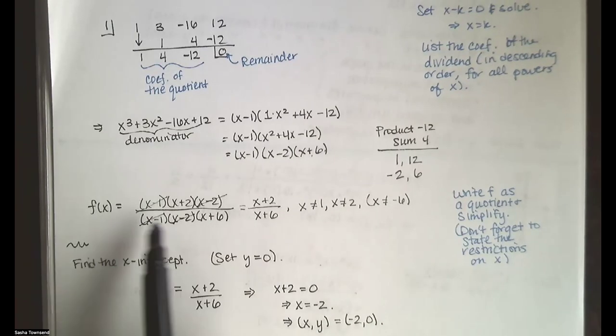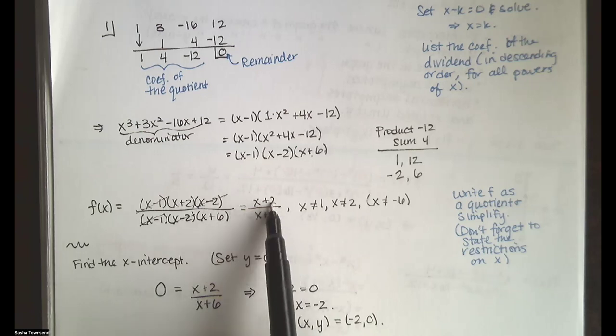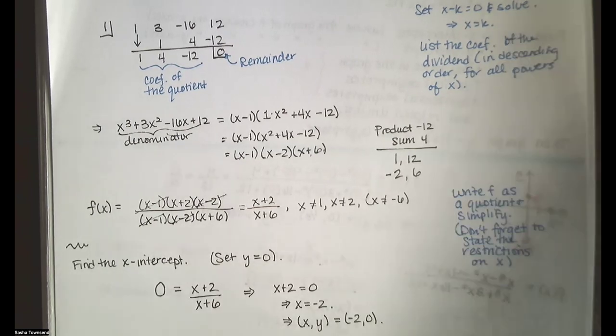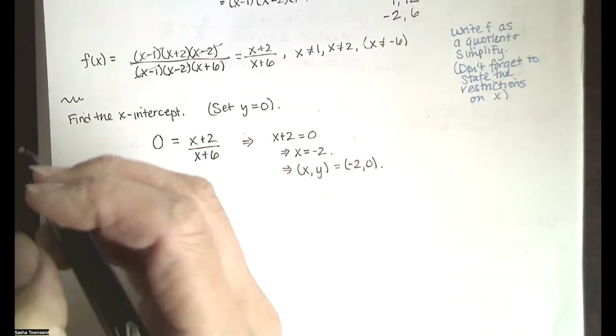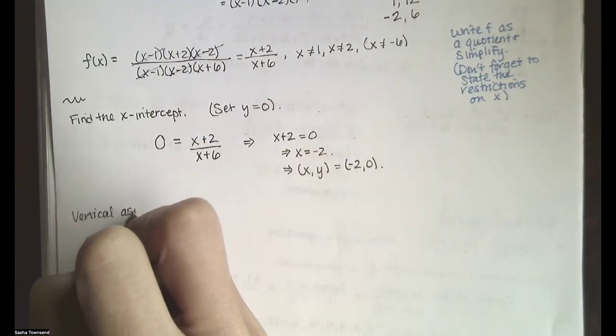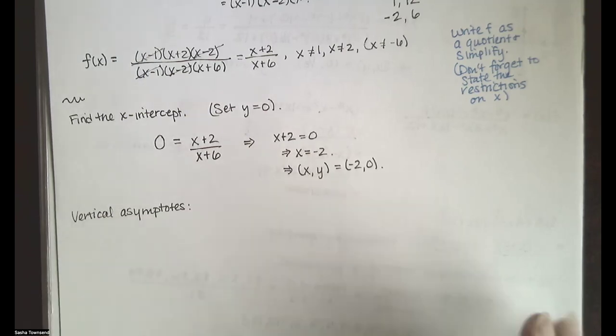This function f of x is undefined when x equals -6, because the denominator is also 0 when x equals -6. But if x equals -6, the numerator is -6 plus 2, which is -4. So it's non-zero. So to find the vertical asymptotes, we do the following.